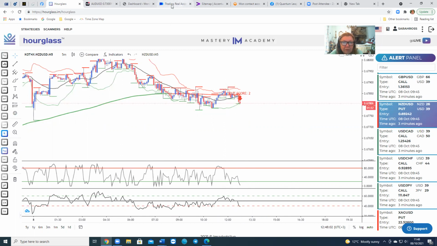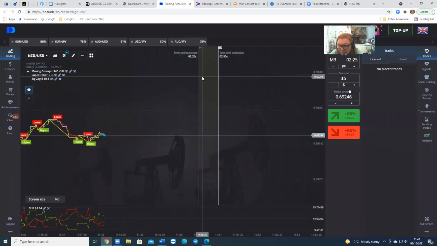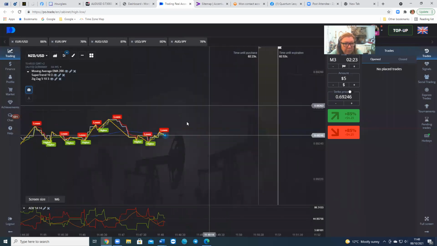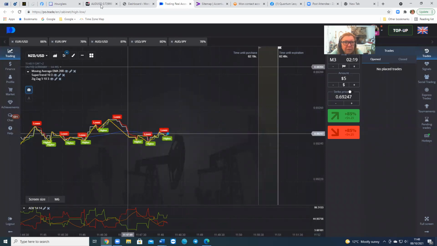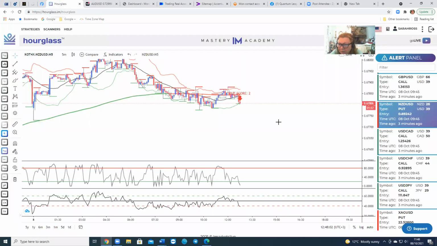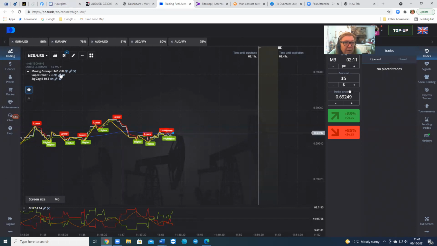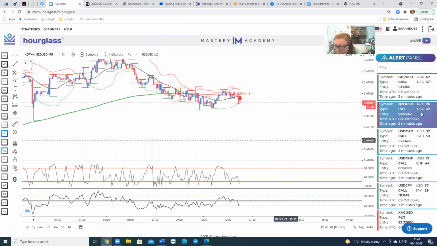It's a broker discrepancy. I'm at 247, and on HourGlass that looks like my spreads are out 4.2.